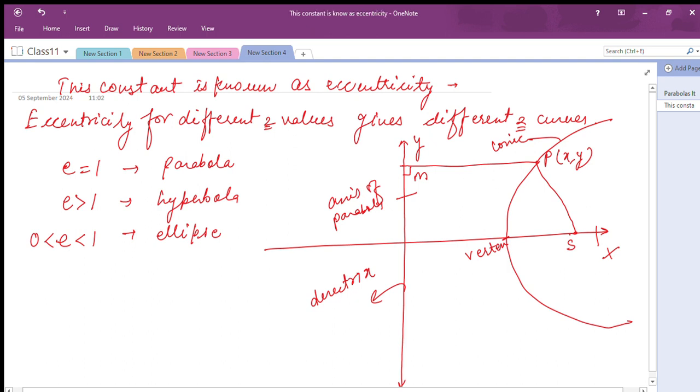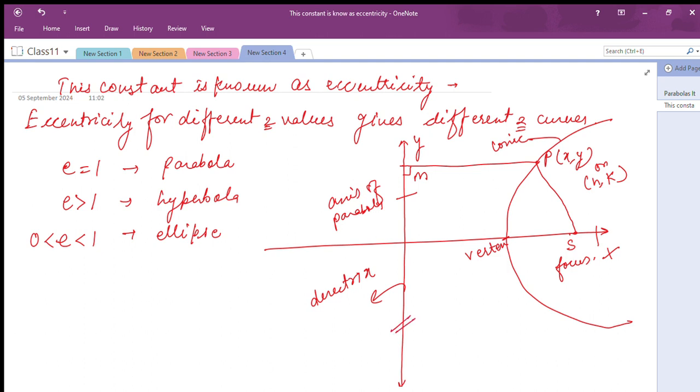This is the point P, x comma y, or you can also say h comma k, and this is the focus. So the important points: the fixed point S is called the focus, the fixed straight line is called the directrix, and the constant ratio PS upon PM is called the eccentricity of the conic.